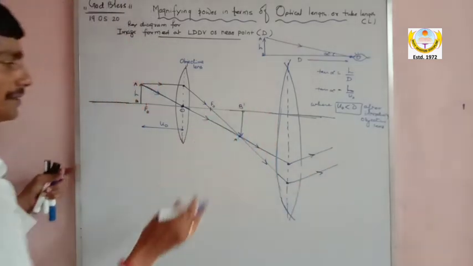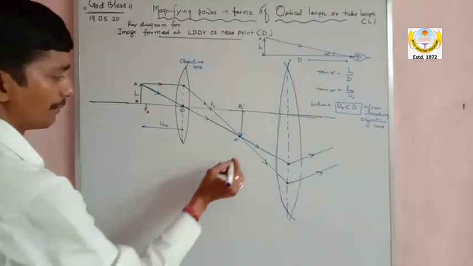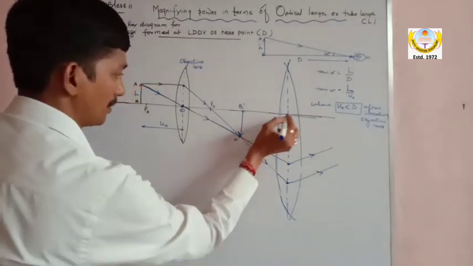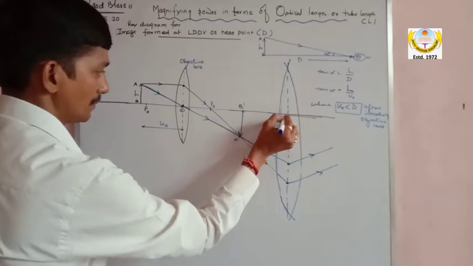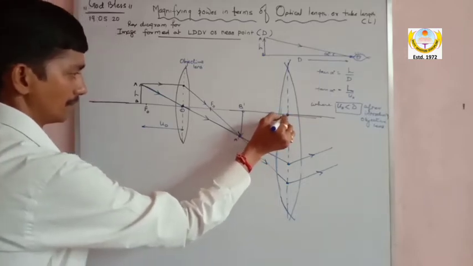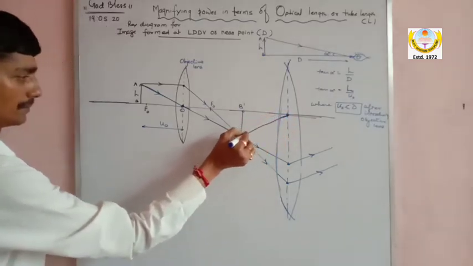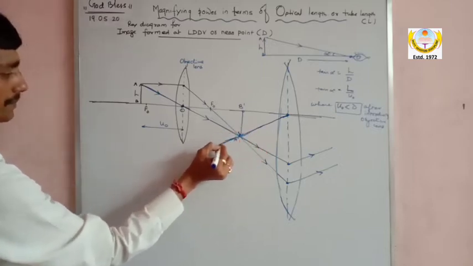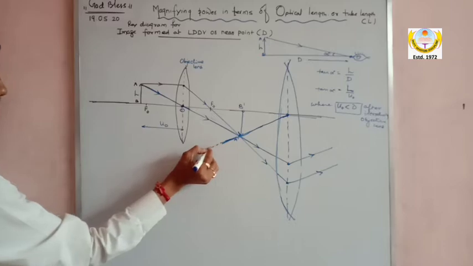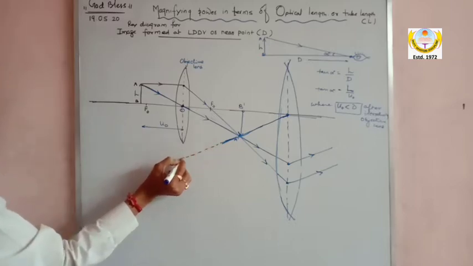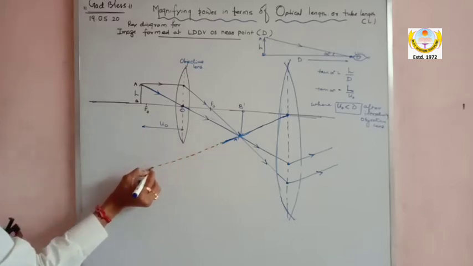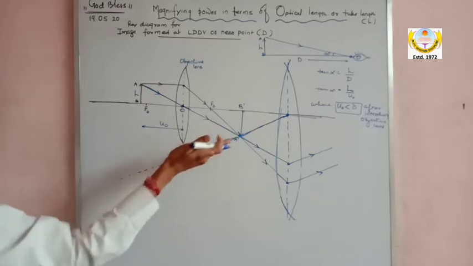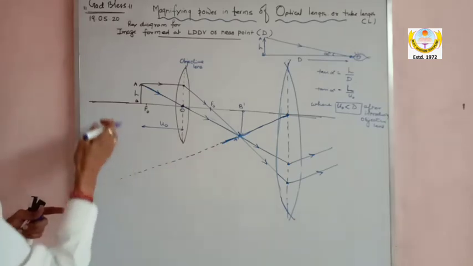I hope it is clear. And one ray will pass through the optical center, passing through this point also. Like this. And please ask this ray to come down at the back at the least distance of distinct vision, because this will produce the image at least distance.